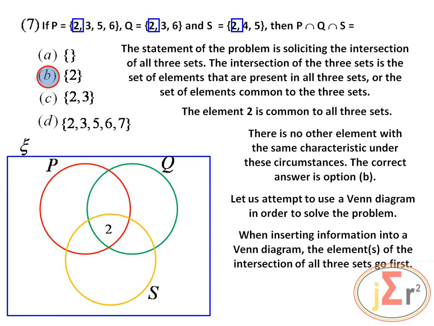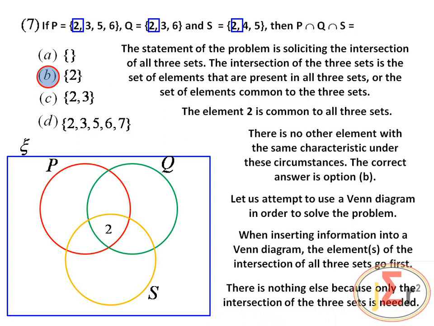It goes first. There's nothing else to it because only the intersection of the three sets is needed. And we do not have another element to go into that intersection. As a matter of fact, we do not need to continue to complete the Venn diagram because this problem requires only the intersection of the three sets.